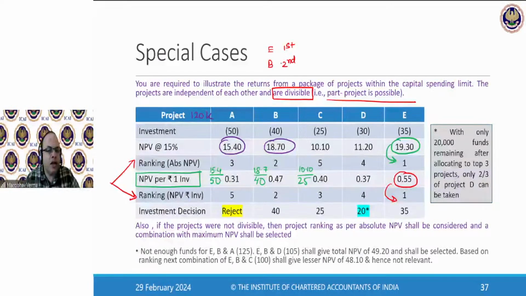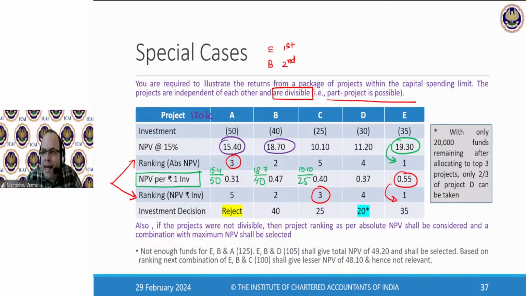But for the third ranking, as per the absolute NPV, it was project A, whereas now, as per the per rupee invested, it is project C actually.